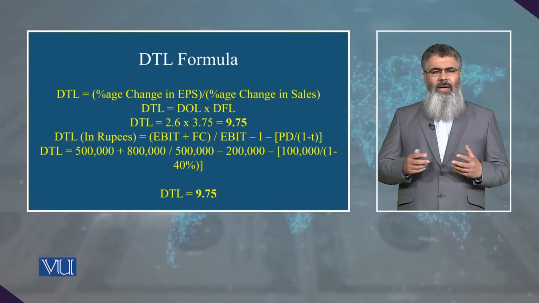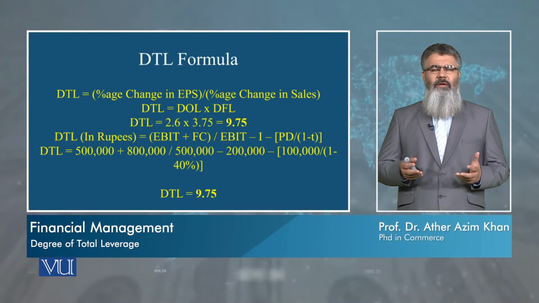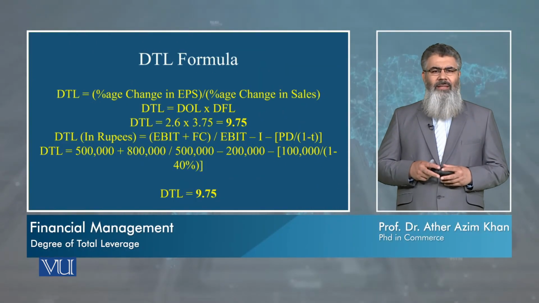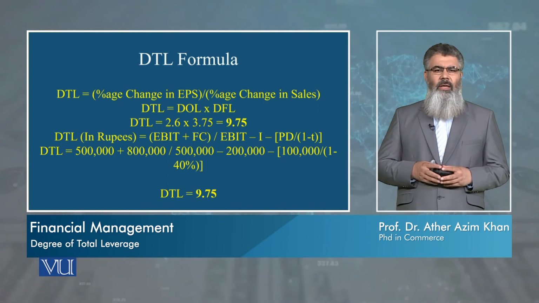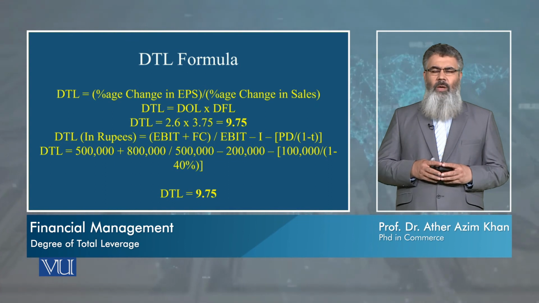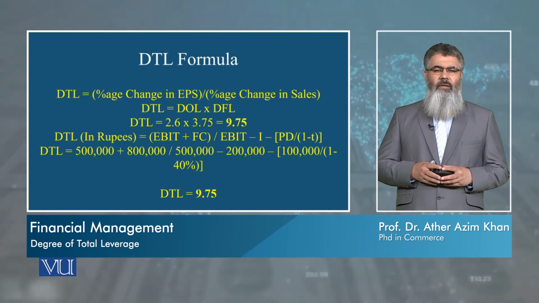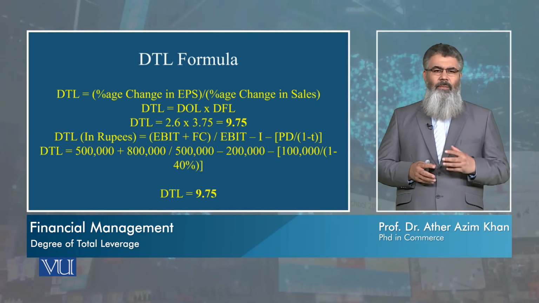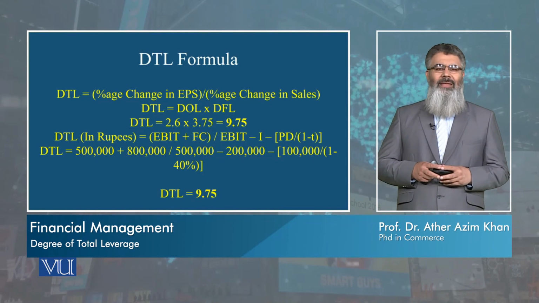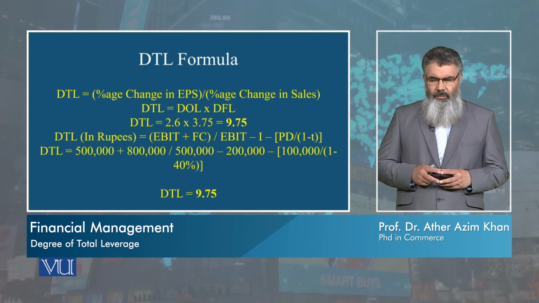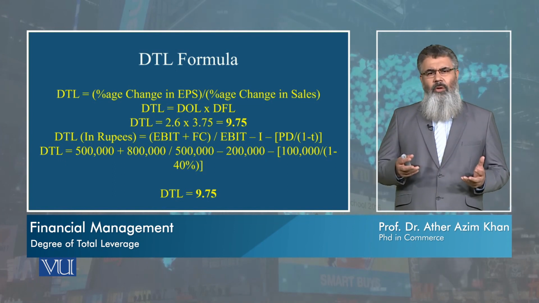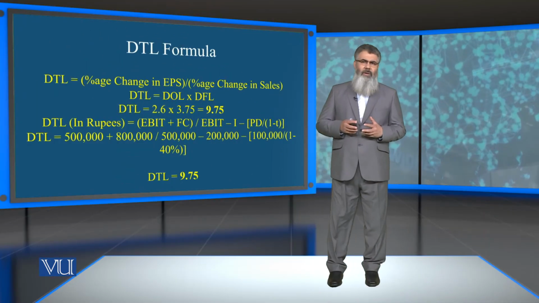Once we apply this formula, you can see that with the given values of EBIT and fixed cost, which is 500,000, 800,000, and 200,000 interest and 100,000 preferred dividend with 40% tax, we get the same value of DTL, that is 9.75.